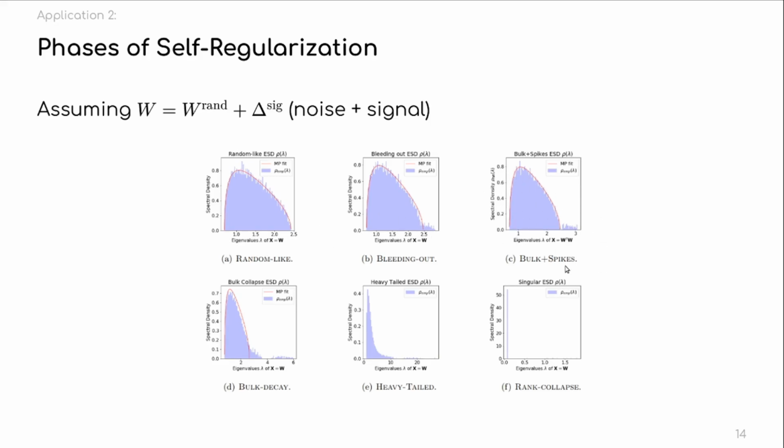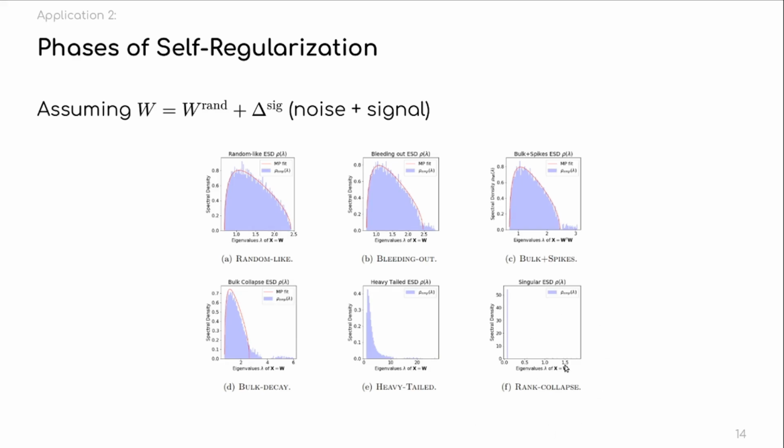Next one, bulk plus spikes. You see that you have the bulk that follows a Marchenko-Pastur, but you have a bunch of eigenvalues that have completely escaped, that are separated from the bulk. And this goes on, and then you go to the bulk decay, where you still have these spikes, and the bulk starts to be less and less well approximated by Marchenko-Pastur until you reach the full heavy tail stage, where it's just a power law, and at this point you get interesting things happening.